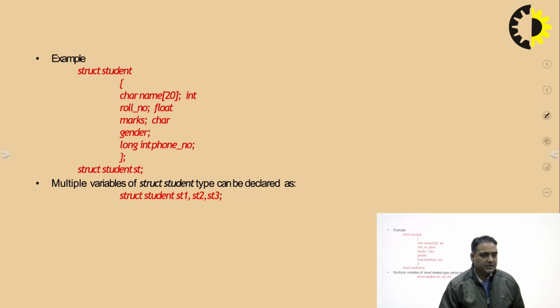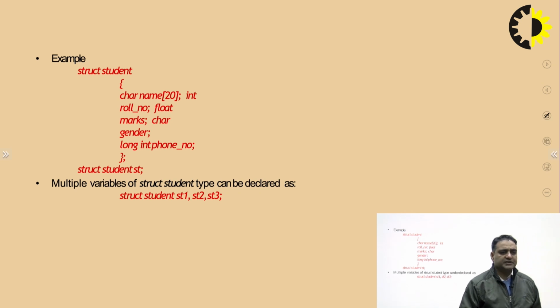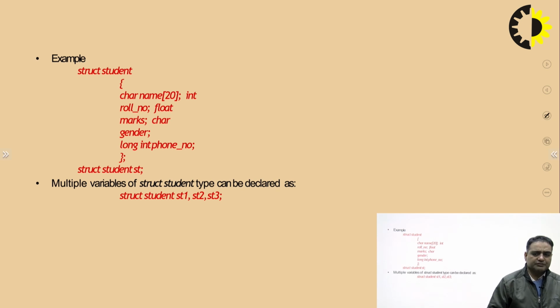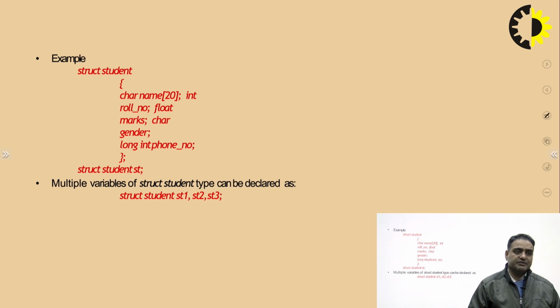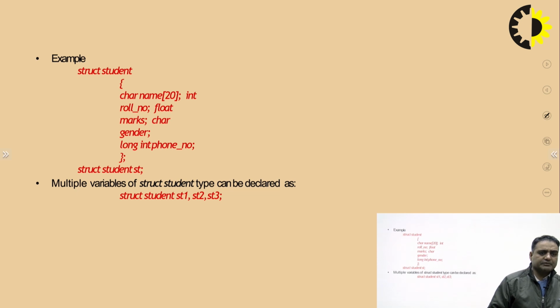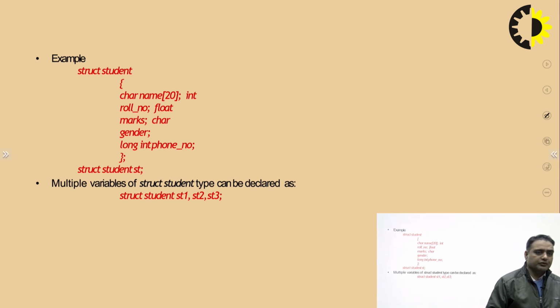Multiple variables of structure student type can be declared as st1, st2, st3, st4, st5. Here st1, st2, st3 are three structure variables. You can declare any number of structure variables, and all of them have their own name, roll number, marks, gender, and phone number.